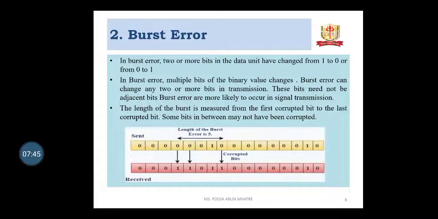Here the diagram shows how a burst error occurs. The sent data is 0000001000000 and the received data is 3 zeros, 2 ones, 0, 2 ones, 6 zeros and 1 0.